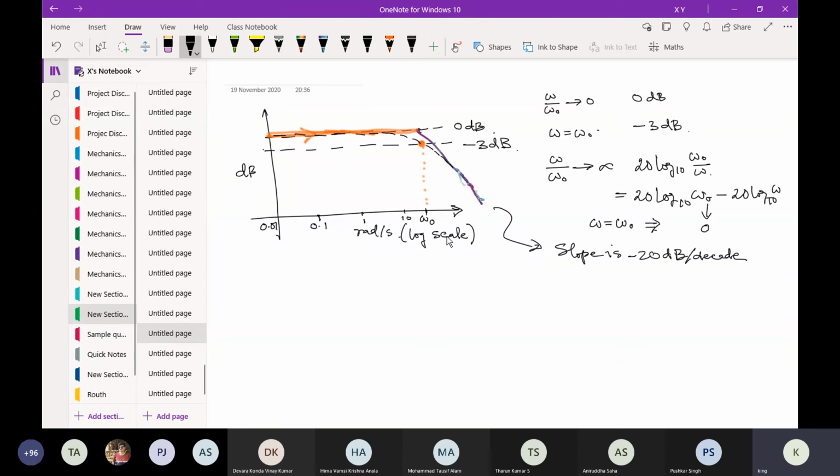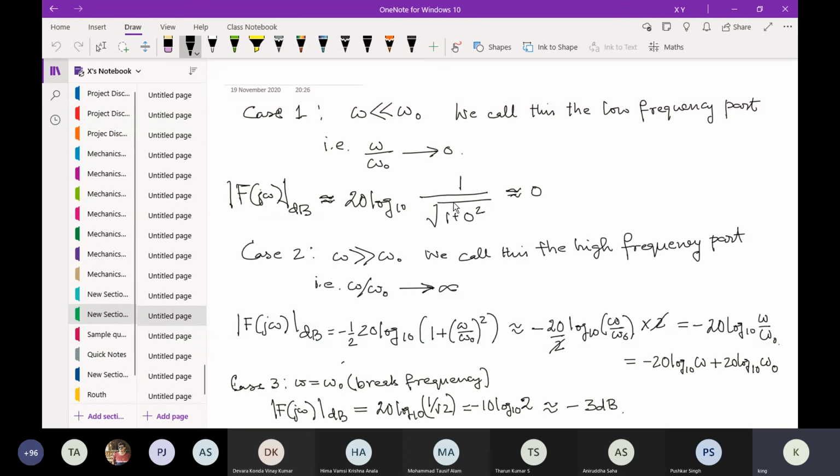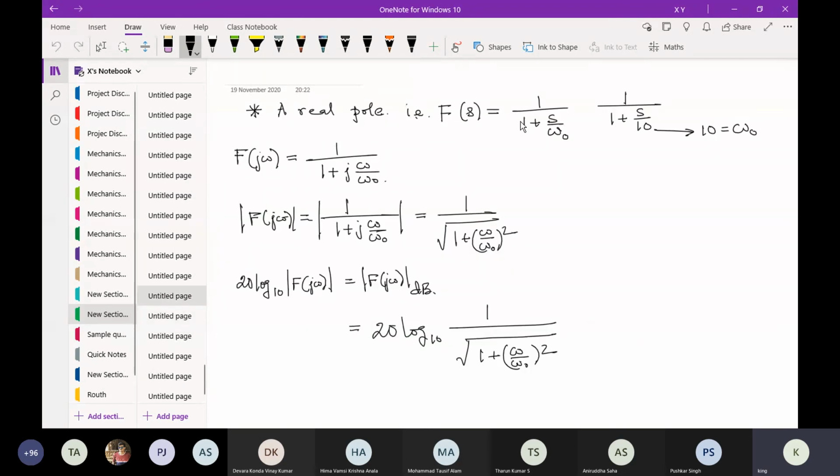In place of a slope of 20 dB per decade, it is going to get multiplied. If it is a square term, there will be a 2 coming out already.